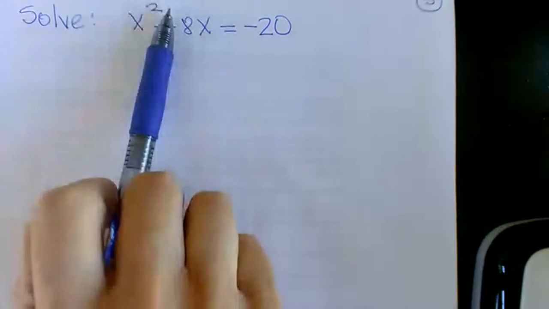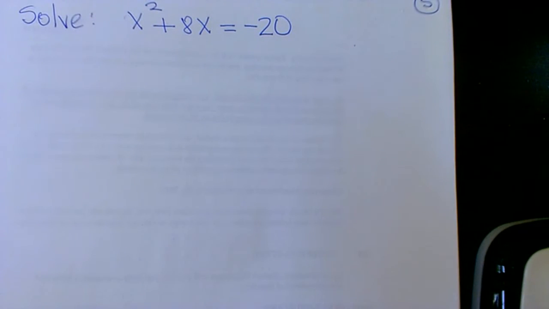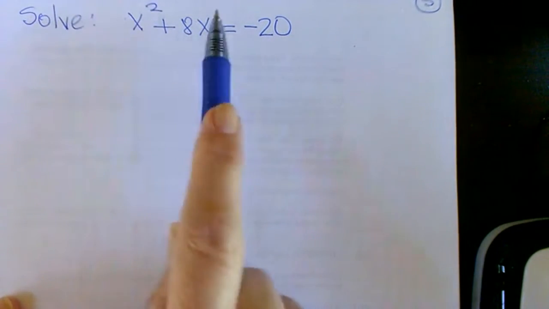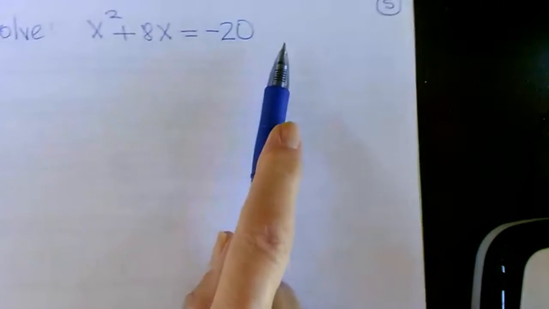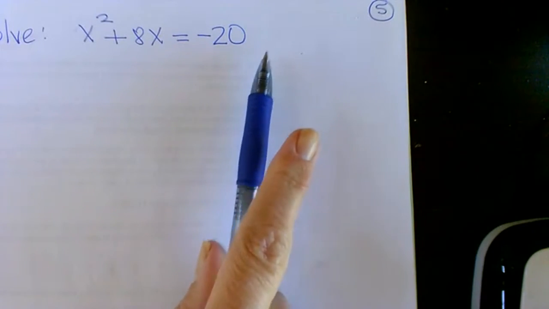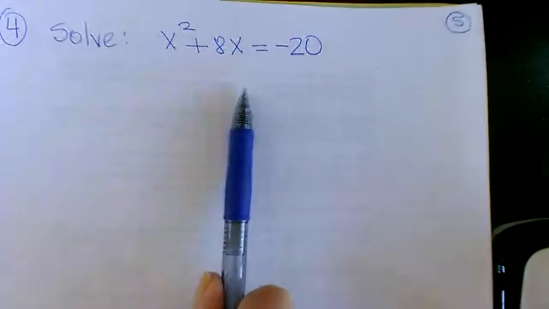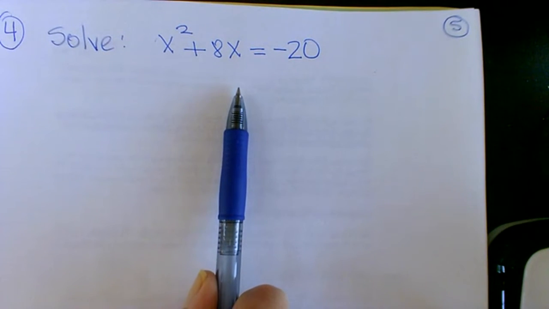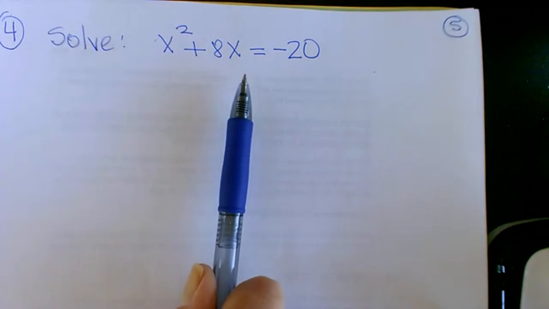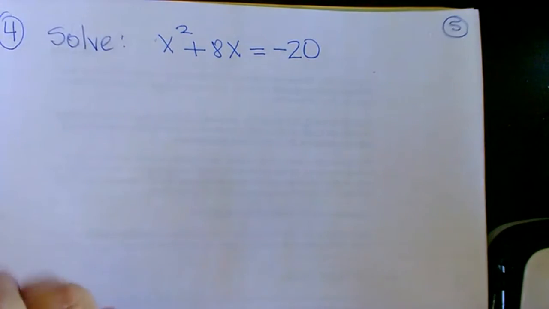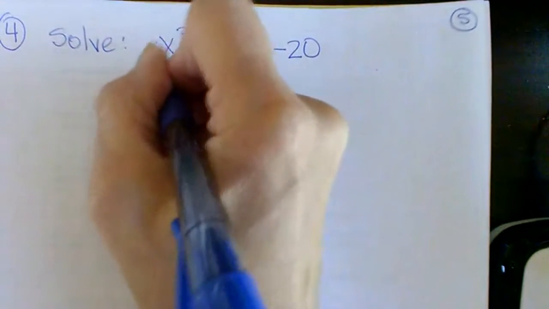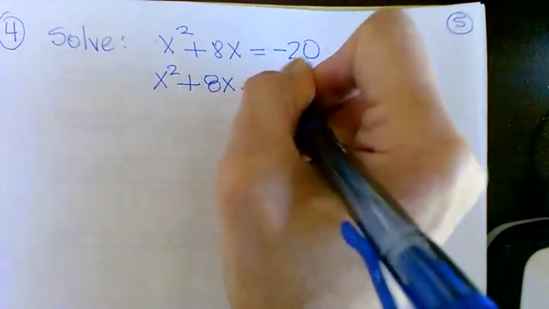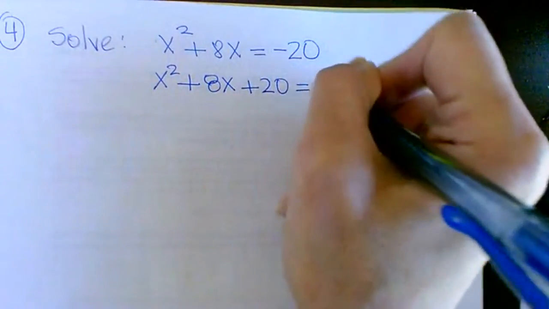So let's continue. Go ahead and write this one down. We're going to use the quadratic formula to solve the quadratic equation. So tell me, what do I need to do here? This is going to be plus 20 equal to 0.